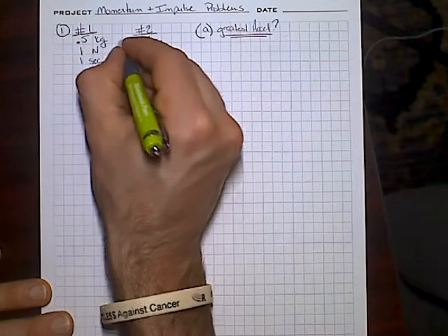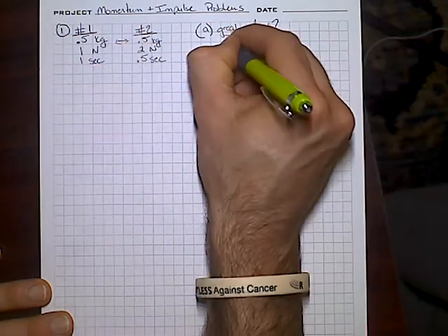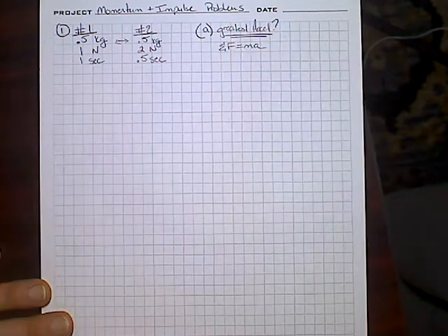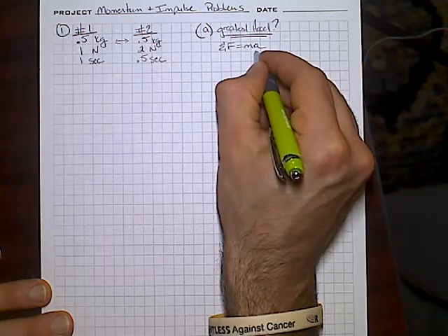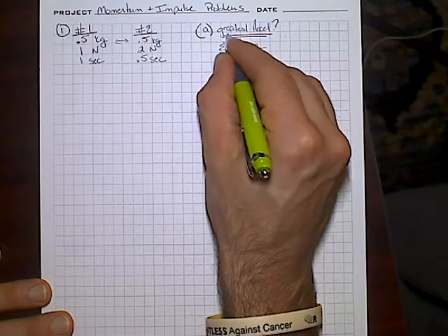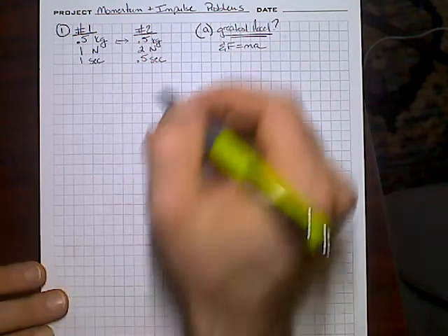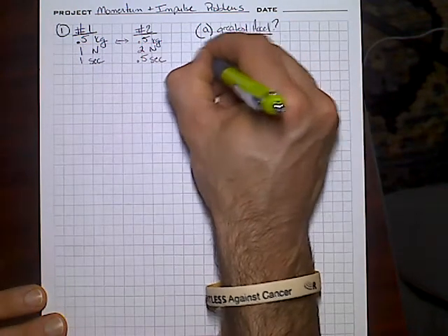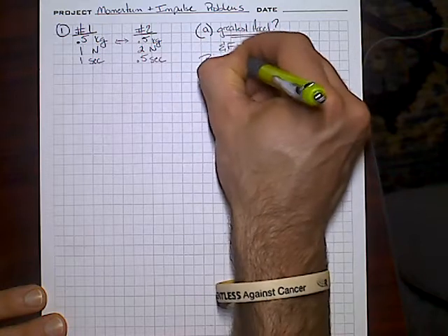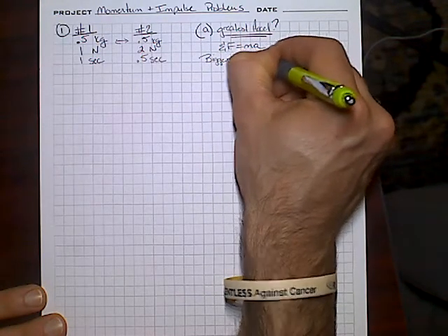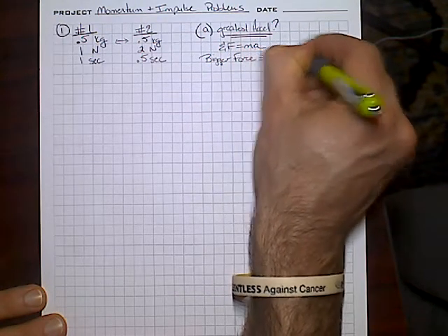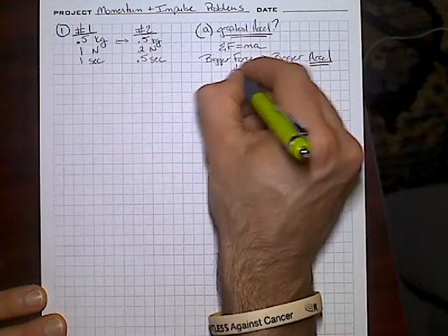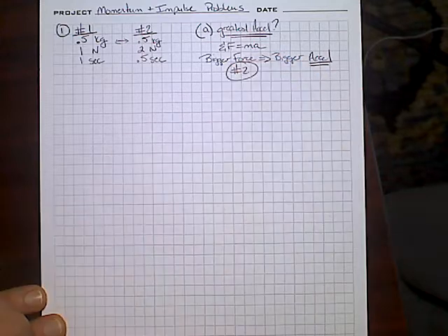Because they both have the same mass, Newton's second law says the sum of the forces equals ma. If you make the force bigger, the acceleration has to be bigger, which means the one with the bigger force has the greater acceleration. So bigger force yields bigger acceleration. That tells us that cart number two is our answer for that one.